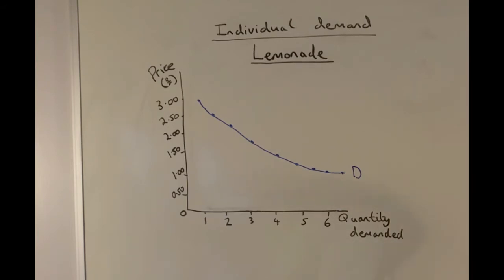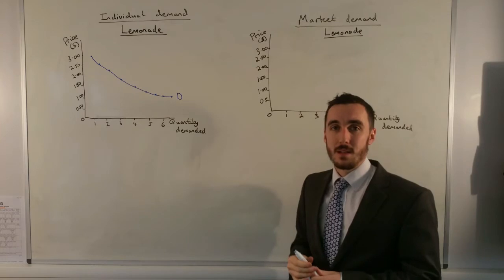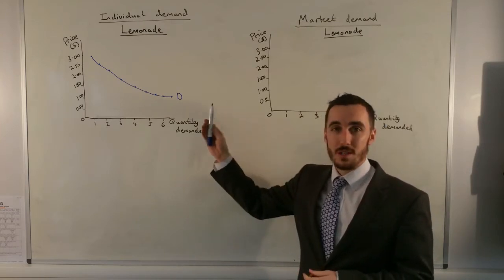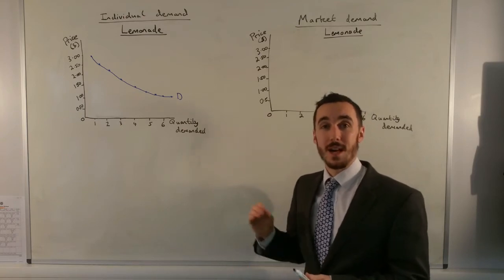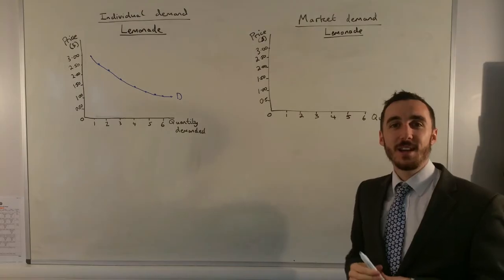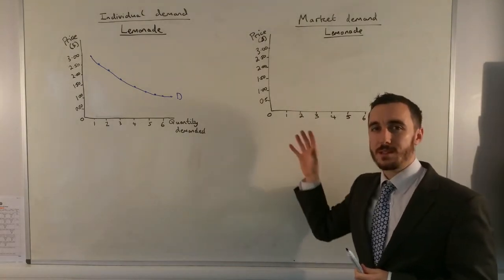Yes, it goes up at a decreasing rate, but it still goes up as the price goes down. That is the law of demand. The law of demand states that as the price of a good or service goes down, the quantity demanded will go up.